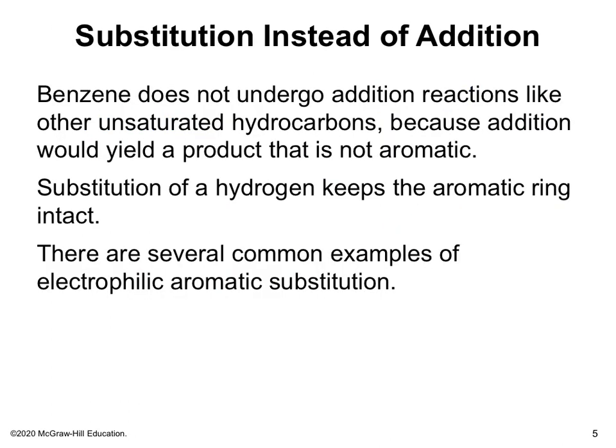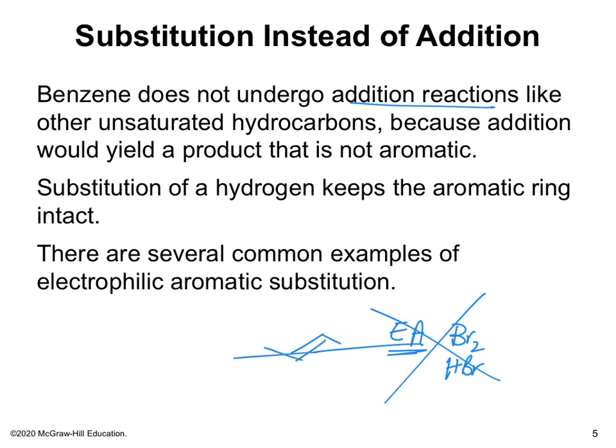So benzene does not undergo addition reactions. They do not undergo electrophilic addition like what we saw with bromine or HBr. Benzene doesn't do that like other unsaturated compounds. The substitution of hydrogen keeps the aromatic ring. The reason for the EAS is that you want to reform the aromatic ring.